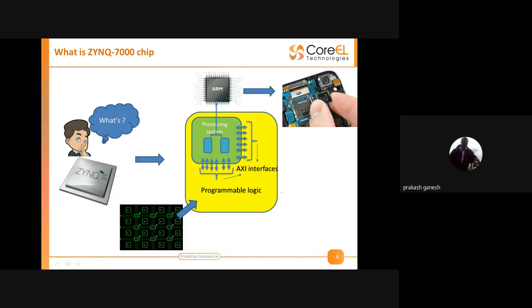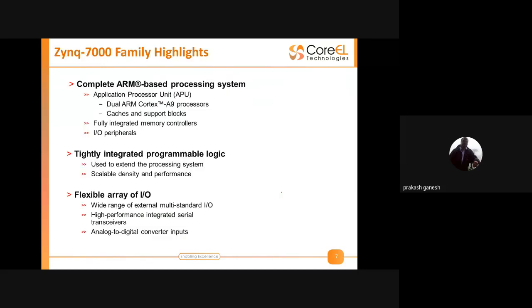Programmable logic is similar to what we discussed in the previous section. We'll have lookup tables, flip-flops, block RAM memories, DSP slices. Some of them have transceivers, some don't, based on the device you're targeting. So what is the highlight of this Zynq 7000 family? It is a complete ARM-based processing system.